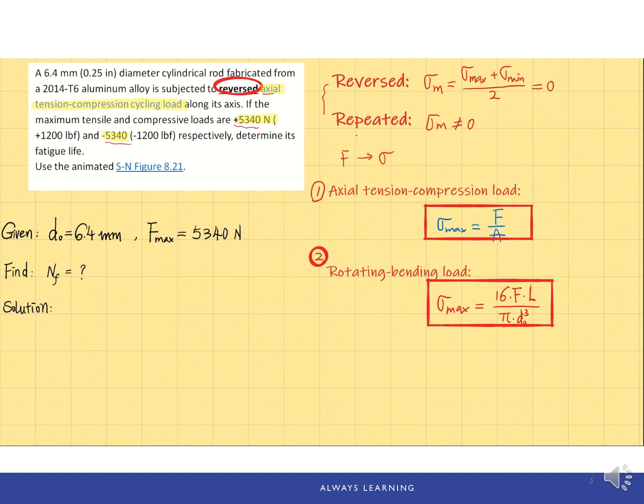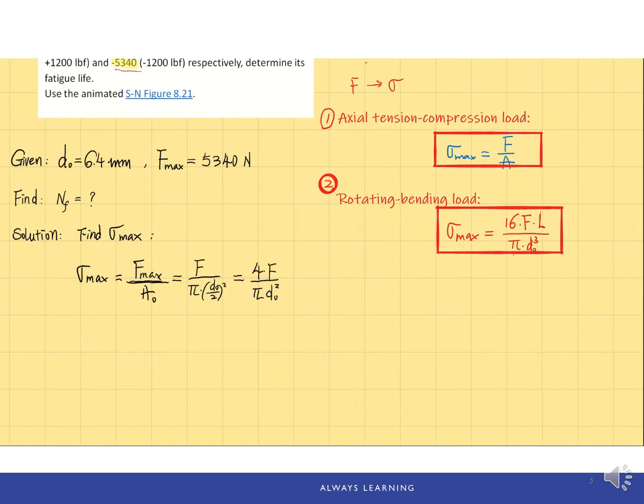So the first step is to find the sigma max, and then we use the S-N figure to find the corresponding N. Sigma max, we already figured out, will be F max over the cross-sectional area, which is F over pi times r squared, and that is 4 times F over pi d squared. We can now plug the numbers in.